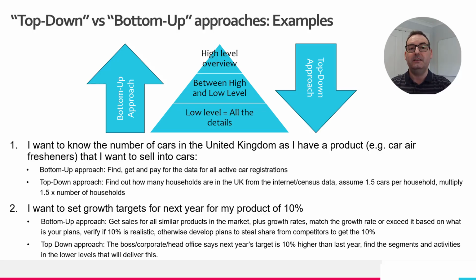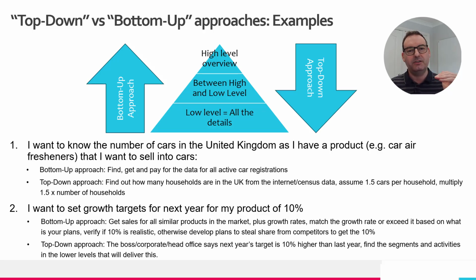Then you have to go and find the segments and activities in the lower levels that will deliver this. So you have the target, it's 10%. Go and find the lower level of detail where it's going to come from. So that's a top-down approach, but the number's fixed at the beginning.